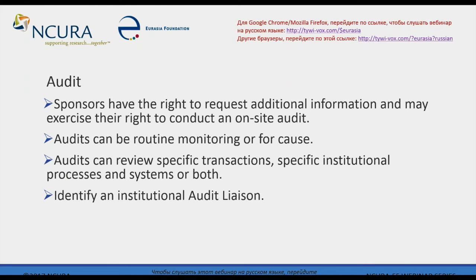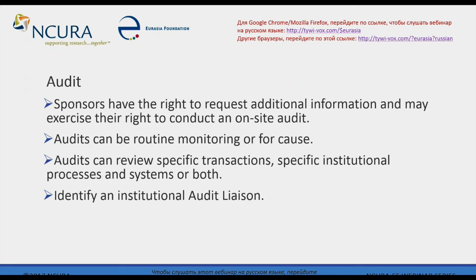Be aware that sponsors have the right to request additional information and may exercise their right to conduct an on-site audit. Audits can be for routine monitoring by the sponsor. As part of their due diligence on how their funds are being spent, they can routinely select large awards or small awards from a variety of institutions for audit, or they can be audited for cause.